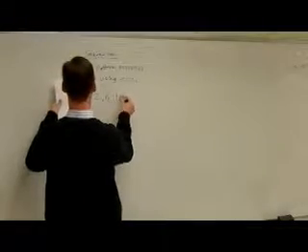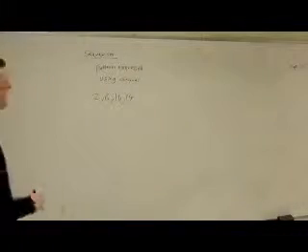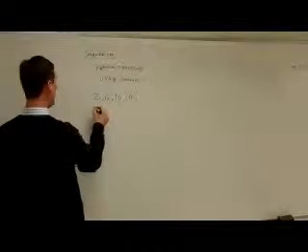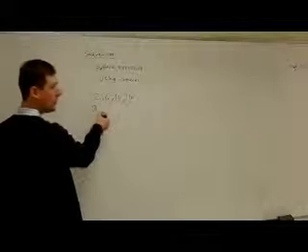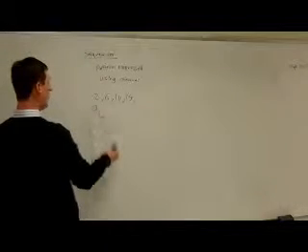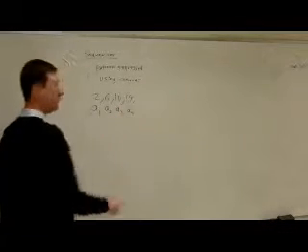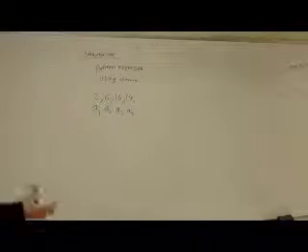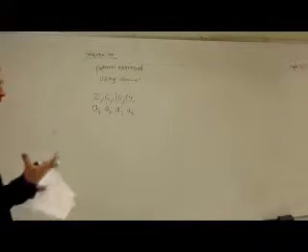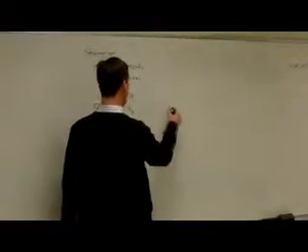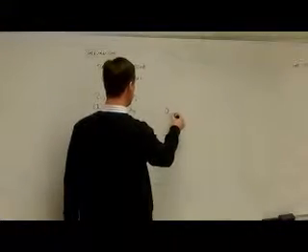2, 6, 10, 14. When you have a sequence, you name each term A sub, and then whichever term it is. This is the first term, so it's A sub 1. That's A sub 2, A sub 3, A sub 4. You can use any name that you want, but typically in math it's labeled as an A. Eventually you're going to get to any term, which is A sub n.